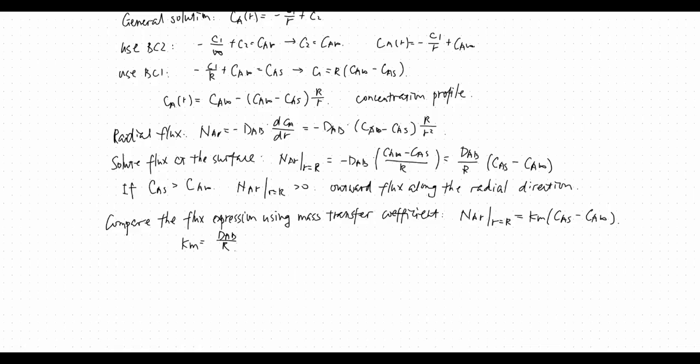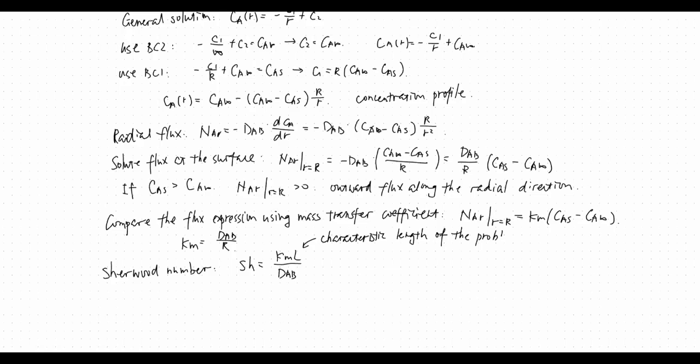Okay, now let's also think about the Sherwood number. If you recall from last time, it was defined by Km L divided by DAB, where L is the characteristic length of the problem.